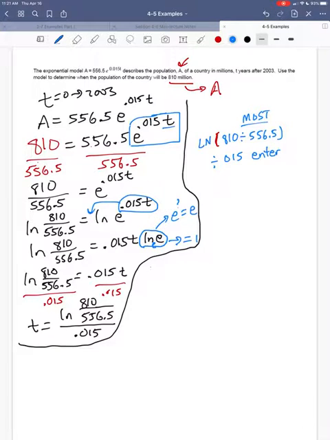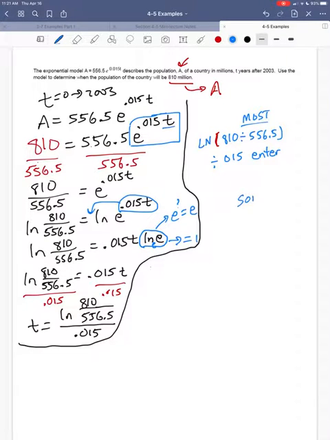So that's how it's going to work for most calculators. This last parentheses is important so that this whole thing is evaluated before you divide by 0.015. Otherwise, that division would happen before the natural log would happen, and that would be wrong.